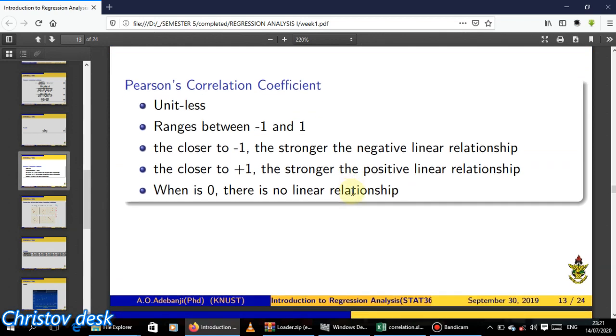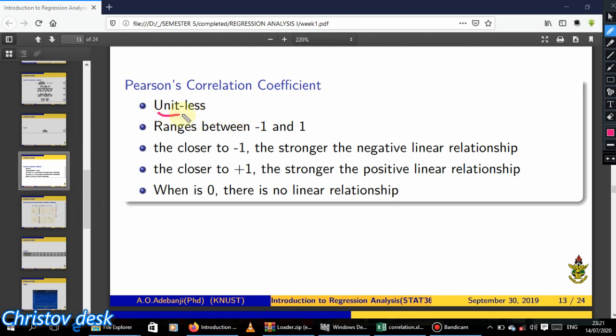Individual standard deviations. Okay, so these are the properties of the Pearson correlation coefficient. We are saying that the Pearson correlation coefficient has no unit.